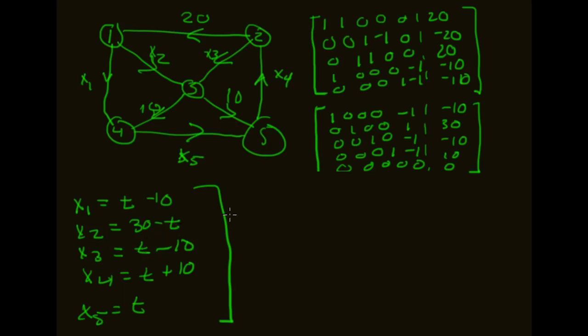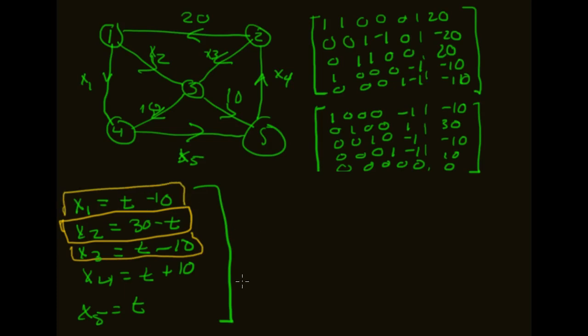And the reality is that this equation with the x2 creates a restriction on me, as well as x3 and x1. x3 and x1 are basically the same equation, right?